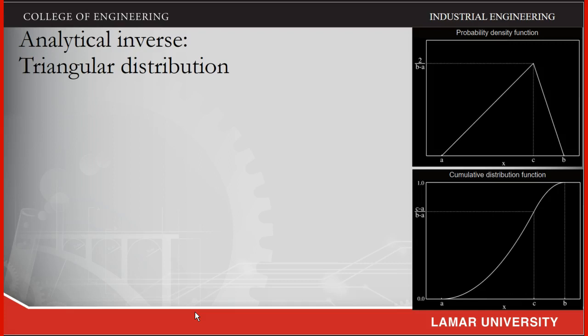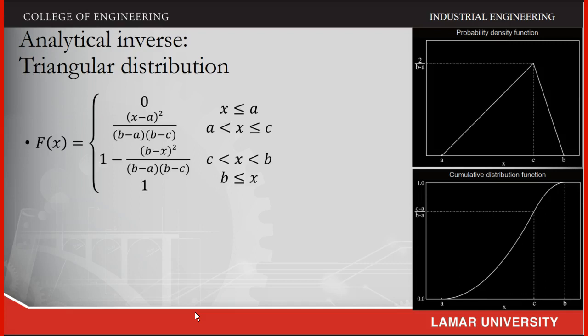So when we have these, the function is defined depending on the domain. If x is less than or equal to a, the function is 0. If x falls between a and c, then the cumulative distribution function is (x minus a) squared divided by (b minus a) times (b minus c).